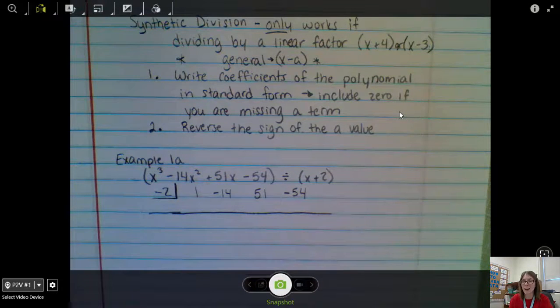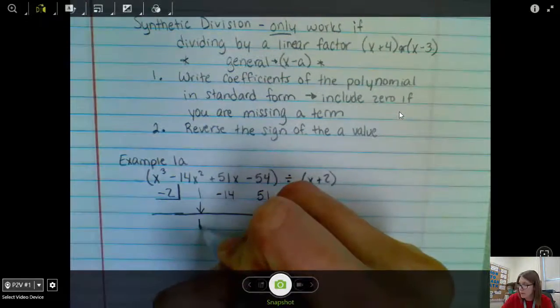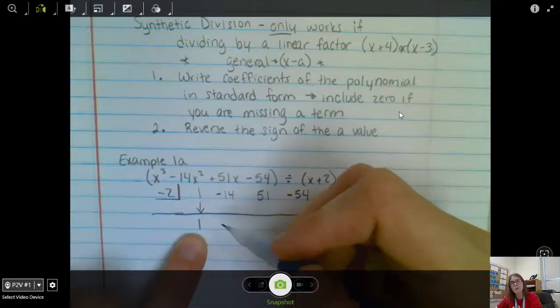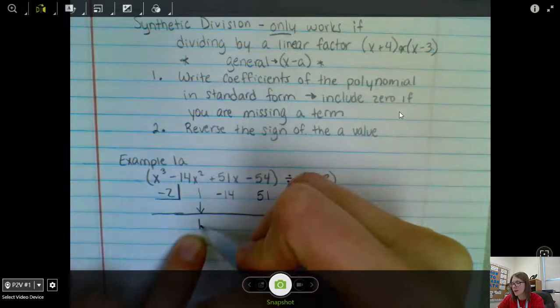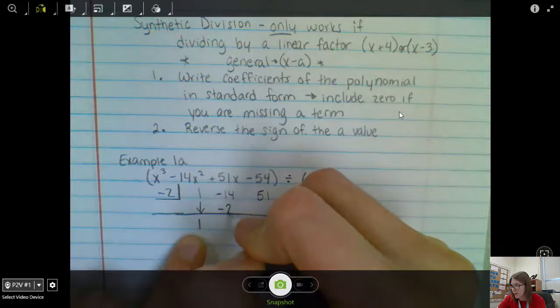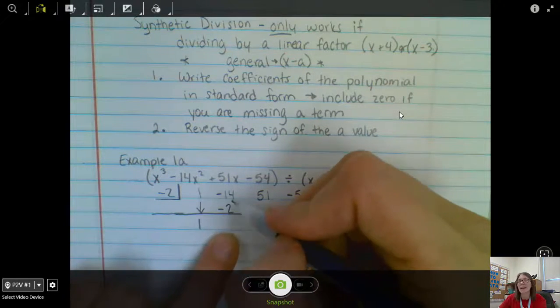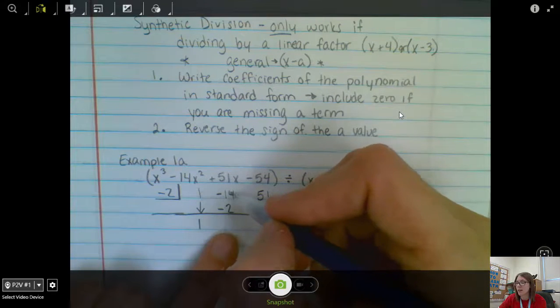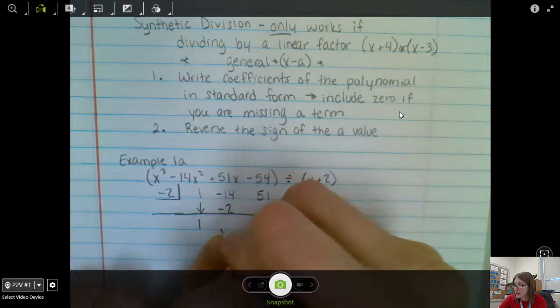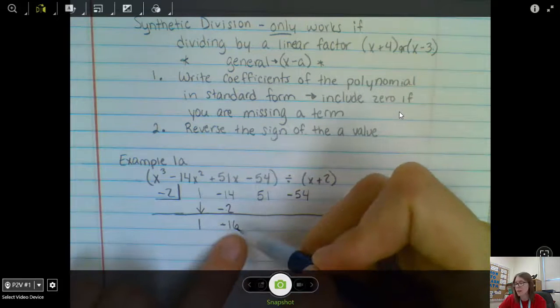Okay, here's how our synthetic division works. We start off by bringing our first coefficient down. Then we take our number times our factor, -2. And the nicest thing about synthetic division, we get to add straight down. -14 plus -2. And repeat the process.